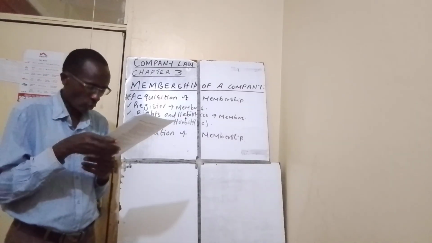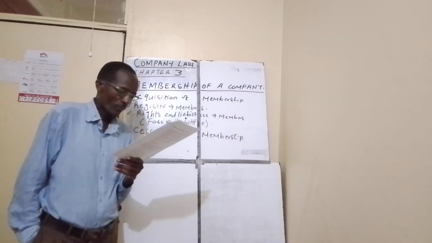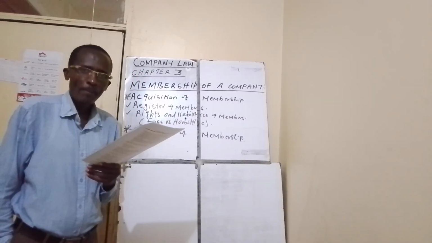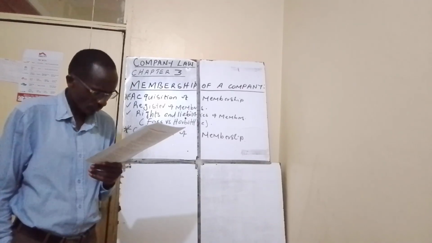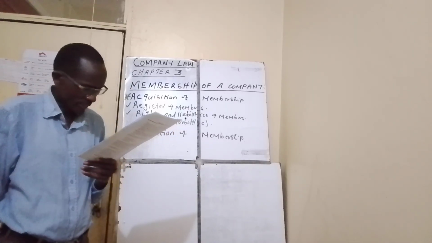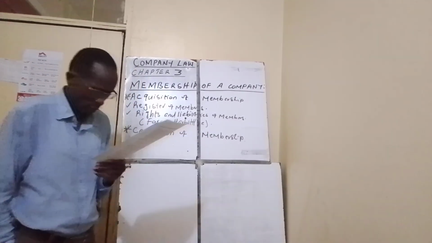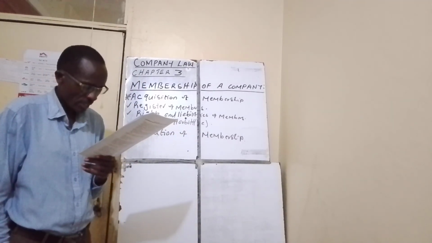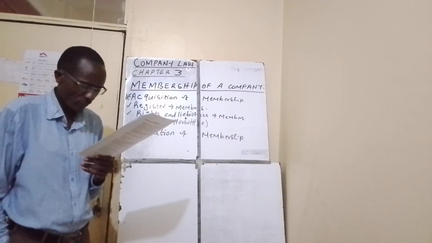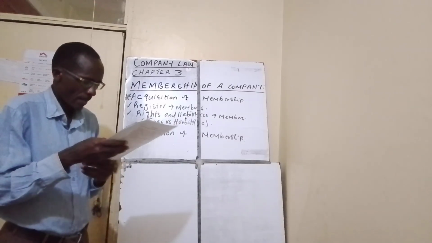I think you have done the law of contract and you understand what we mean by repudiation by an infant. Number 5, disclaimer by trustee in bankruptcy. Under the common law, if a trustee in bankruptcy refuses to take up the shares of a discharged bankrupt, he or she ceases to be a member.